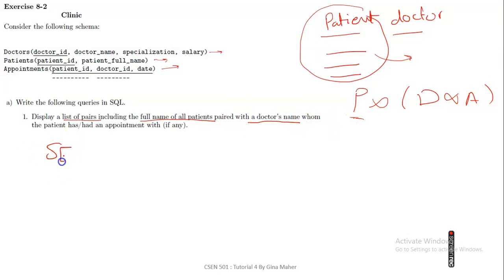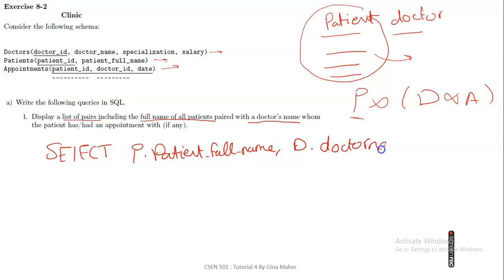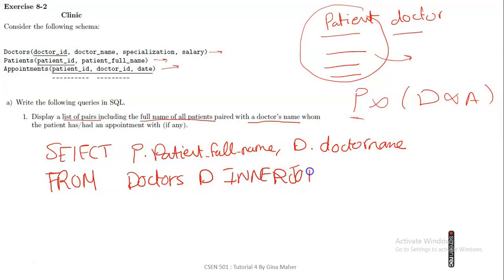Let's write in the select statement what we want to see in the output. We want the full name of the patients, P dot patient full name, and D dot doctor name, from doctors D inner join appointments A. On, we should write the condition of the join here.